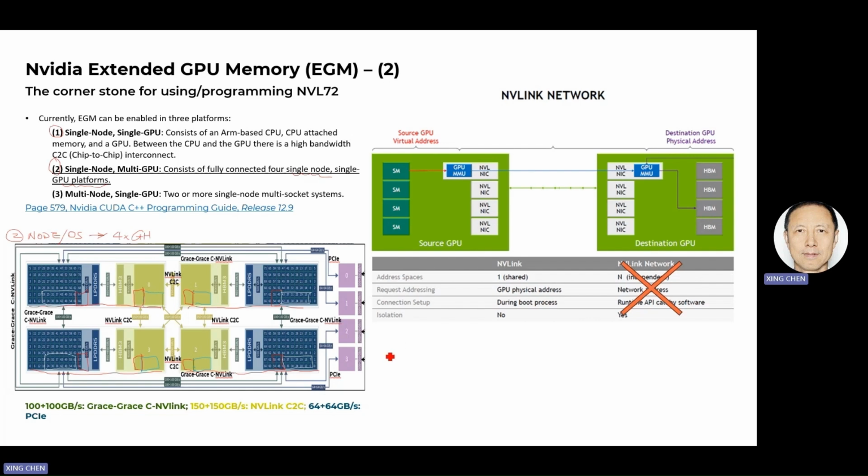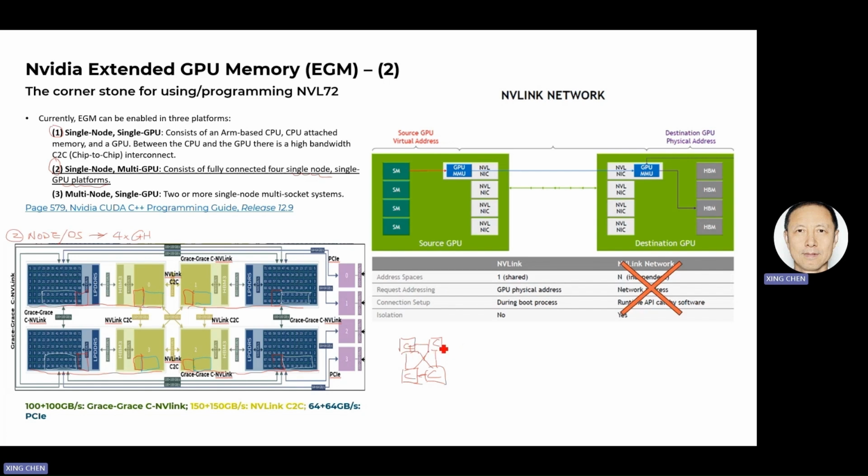And here the fully connected 4 single node, single GPU platforms mean that you have 4 CPUs. The 4 CPUs are fully connected, connected this way in a kind of all-to-all fashion. Okay, this is for the CPU. It's the same thing for the GPU.